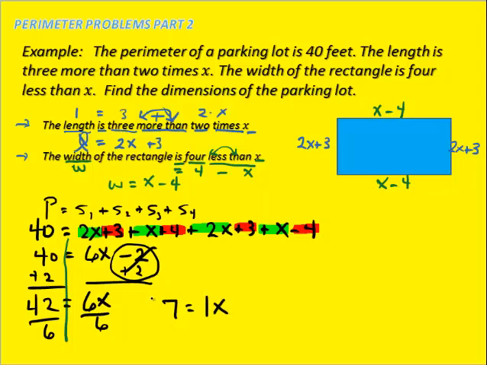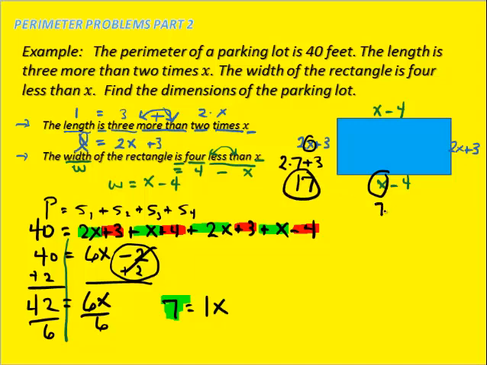Now, that's not our answer. Now I have to take that answer, the 7, and I have to put it in place of the x up in my problem. So we're going to find the dimensions. I'm going to put 7 in place of my x in each one of these sides. Now I know the top and bottom are the same and the left and right are the same. So I'm going to do 2 times 7 plus 3. 2 times 7 is 14 plus 3 is 17.